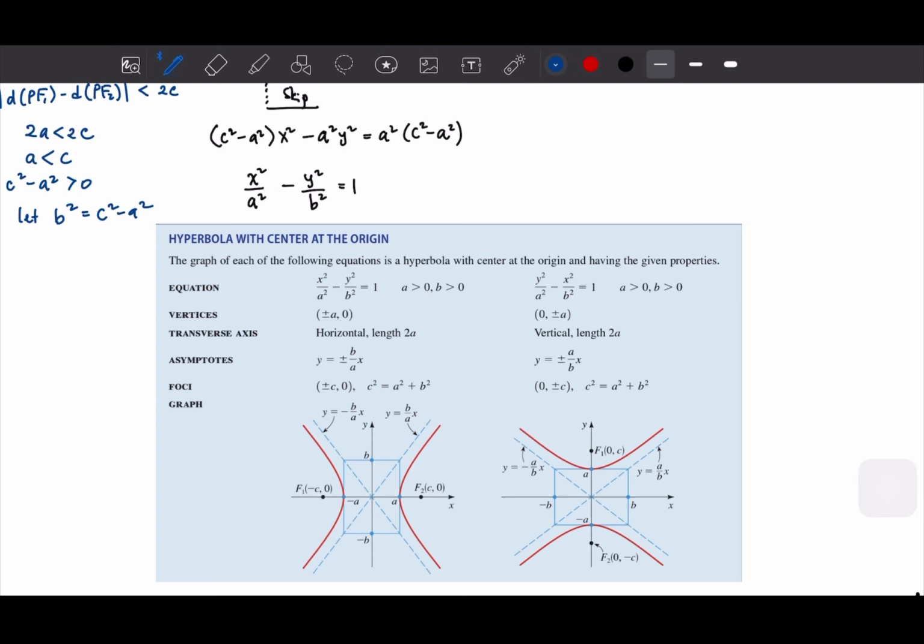And how to notice that is from the equations, from A and B. You'll notice that A is always positive, B always positive. And on x squared over a squared, this means A is our major axis on x. On the right side, y squared over a squared, so y is our major axis, which we now call the transverse axis.